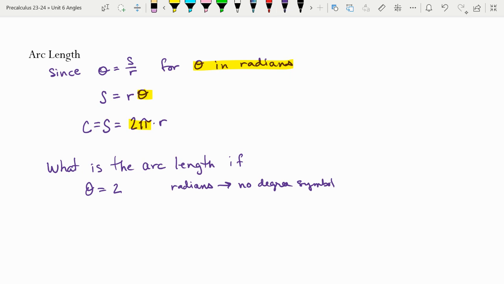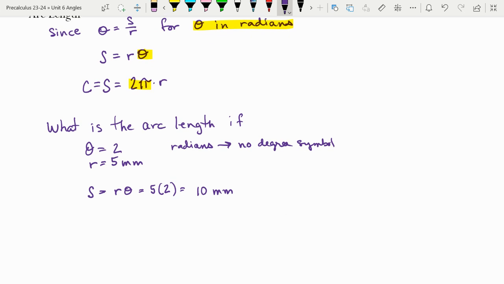If we do not have a degree symbol, we know that the angle measure is in radians. So the angle is 2 radians and the radius is 5 millimeters. So my arc length is going to be the radius times the angle in radians. So that's going to be 5 is the radius, and my angle measure is 2 radians, which gets me 10 millimeters is the arc length.